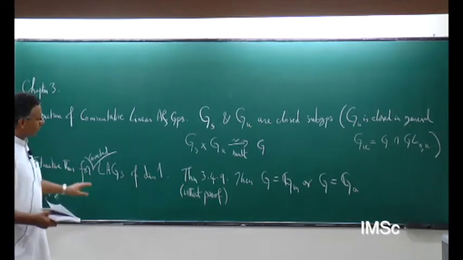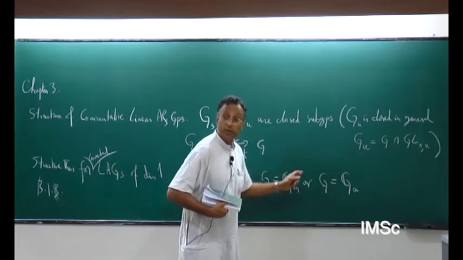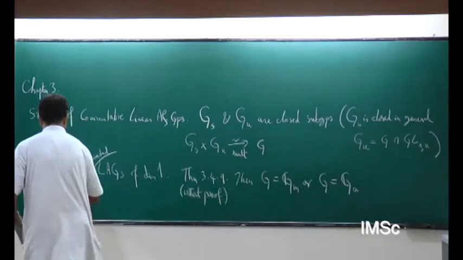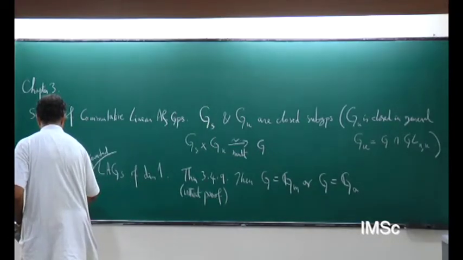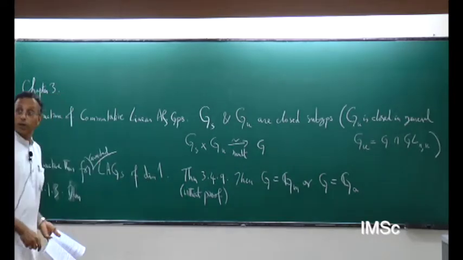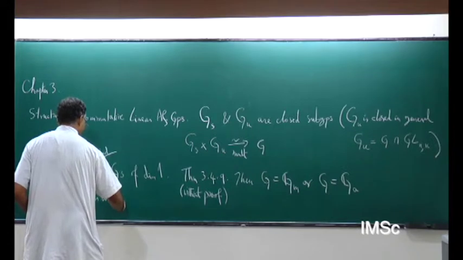But if this is the theorem, then at least you have to show that G is commutative, because these two are commutative. So we are showing that a connected linear algebraic group G of dimension 1 is commutative, and all this we have shown.